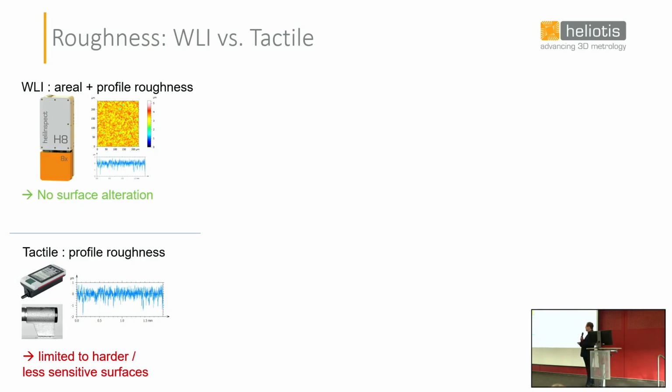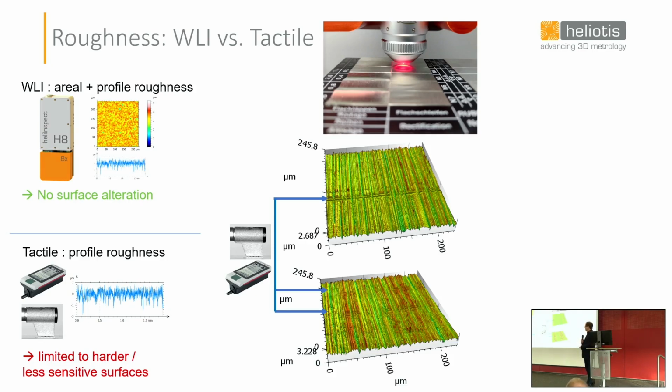And one of the first obvious issues that come up is surface modification. Do they have any effect on the surface? Do they alter it? And I think if you think of tactile versus non-contact, you can predict what's coming. So in these two examples, a roughness specimen or a roughness sample was measured with a tactile probe, and after that was measured with the white light interferometer.